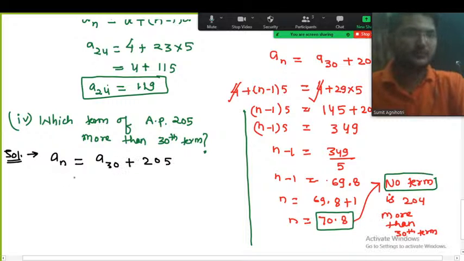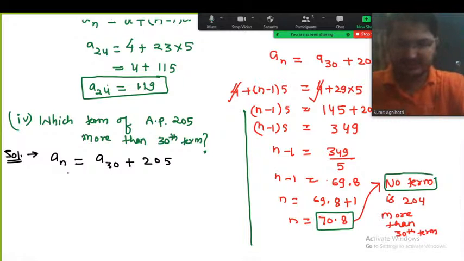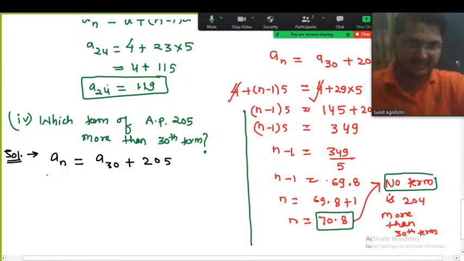Let's say the nth term is 205 more than its 30th term. We should first figure out what our nth term is.